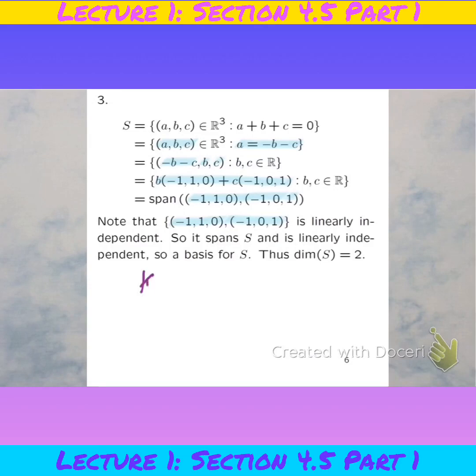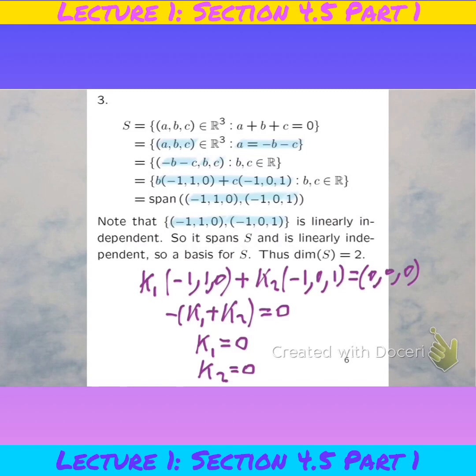If you take K1 multiplied by (minus 1, 1, 0) and K2 multiplied by the vector (minus 1, 0, 1), setting up the system of equations, those are your three equations, clearly shows that K1 and K2 are 0.